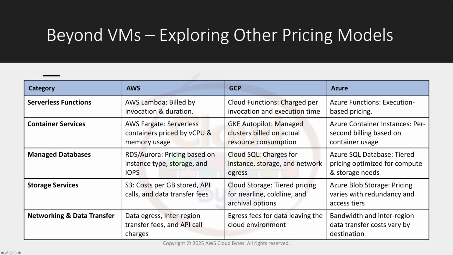Similarly, in Azure, you have similar kinds of flexibility. Then networking and data transfer: data egress, which is going from your VPC to the internet, and inter-region transfer fees are charged. Then you have API calls that are charged. Similar fees are in GCP and Azure.